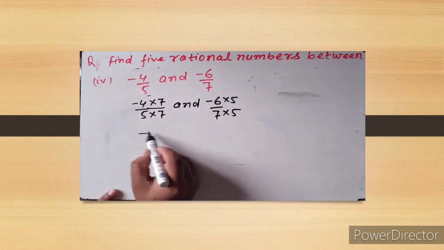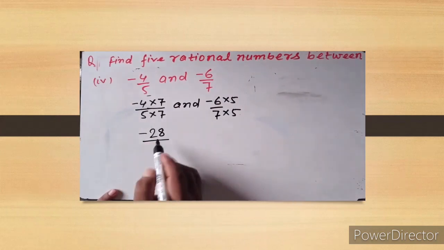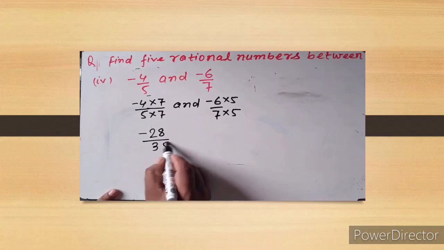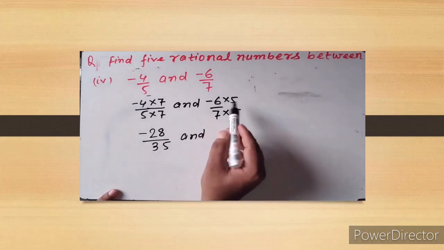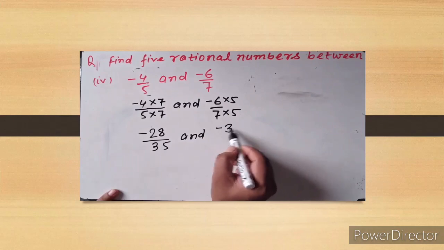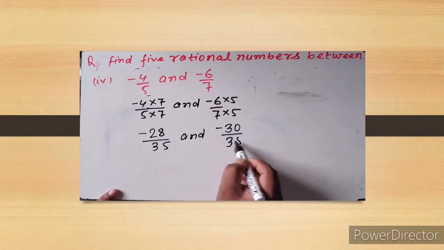Here 4 sevens are 28 with negative sign upon 5 sevens are 35, and 6 fives are 30, minus 30, upon 7 fives are 35.